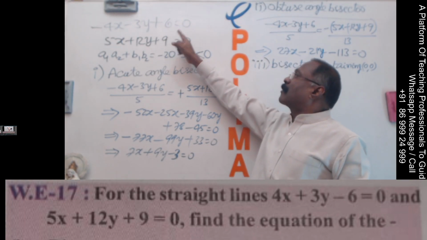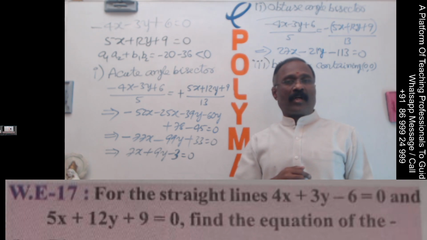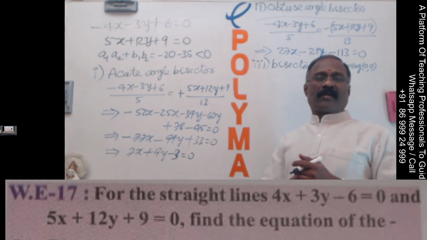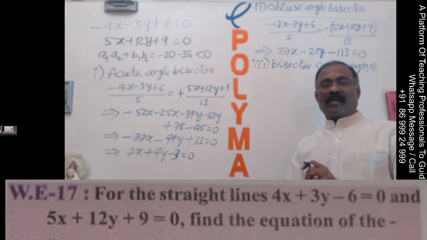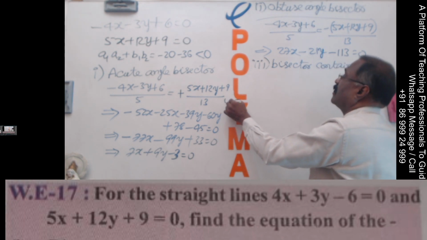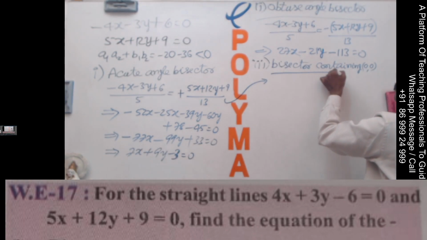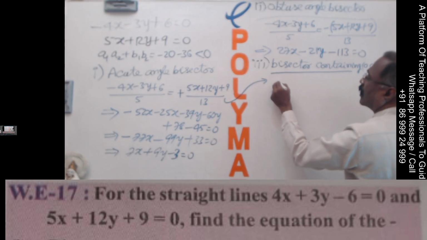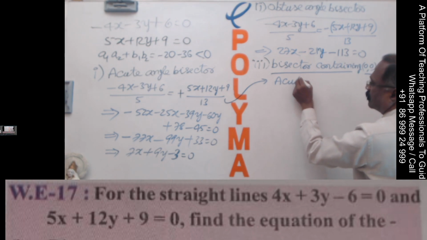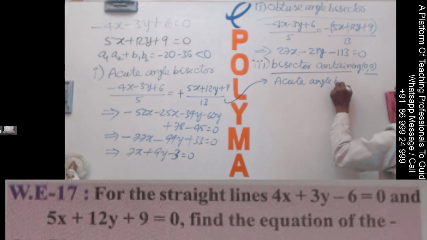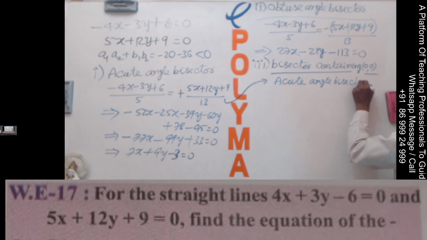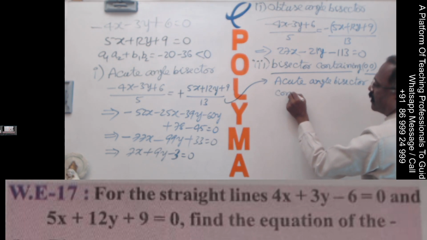Here C1, C2 are positive. Then take the plus sign for that one. The plus sign we have taken for this, so this is the acute angle bisector. It contains the origin.